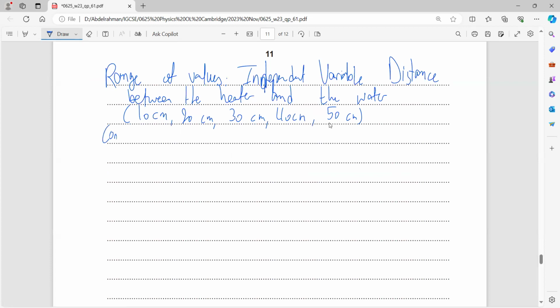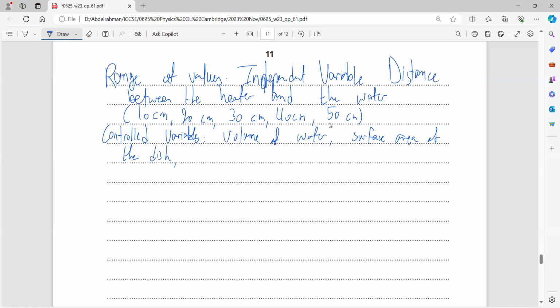Controlled variables. For example, volume of the water, surface area, surface area of the dish. Right? Of the dish.